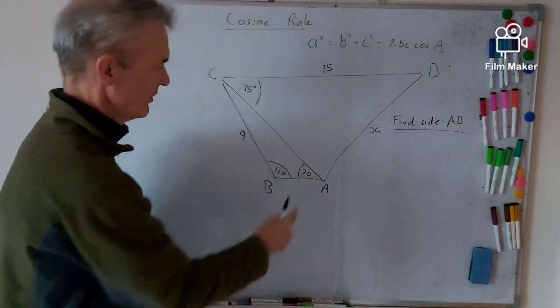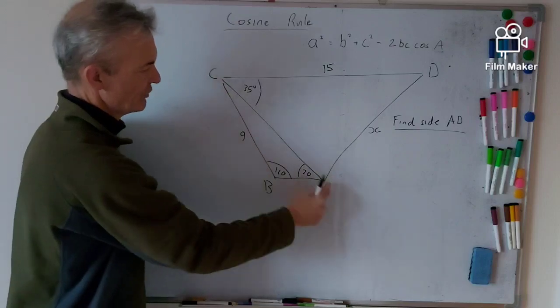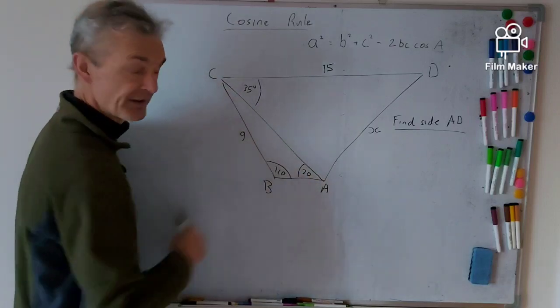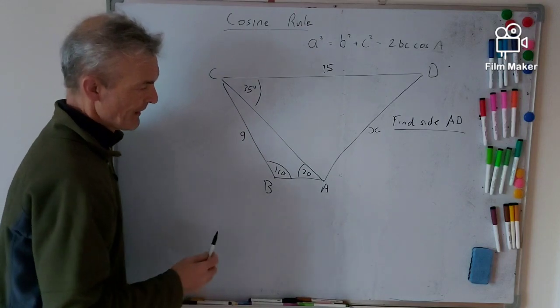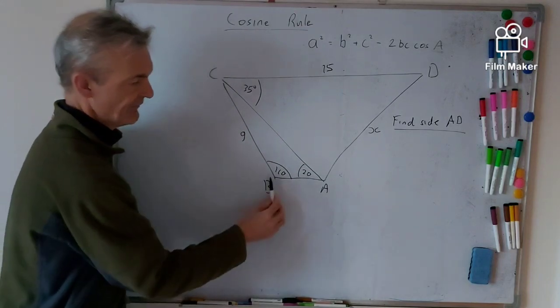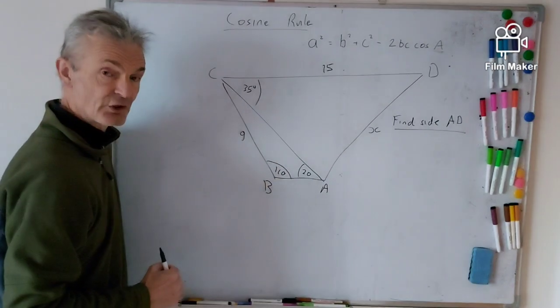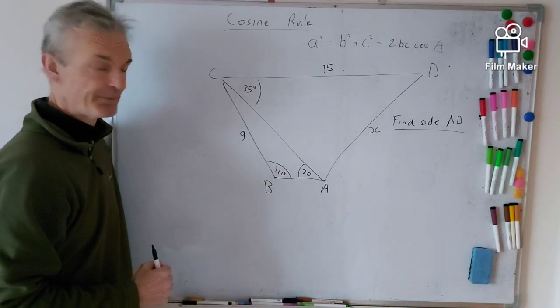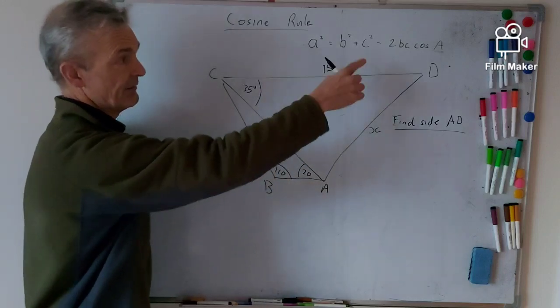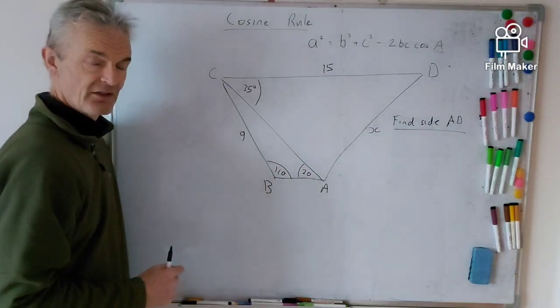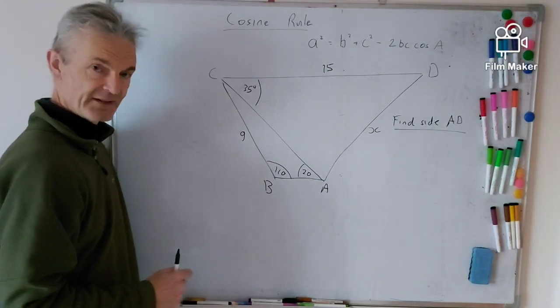Now, we're going to have to use this triangle here in order to do that. And hopefully you can see that it's not a right angle triangle, so we can't use SOHCAHTOA. Looking at the information we've got there, we're not going to be able to use the cosine rule. So the only other thing left we could try is the sine rule.